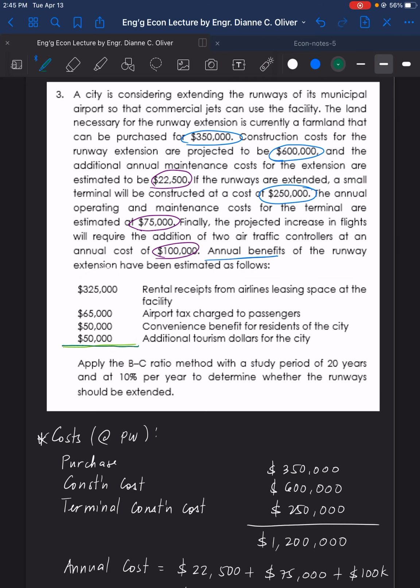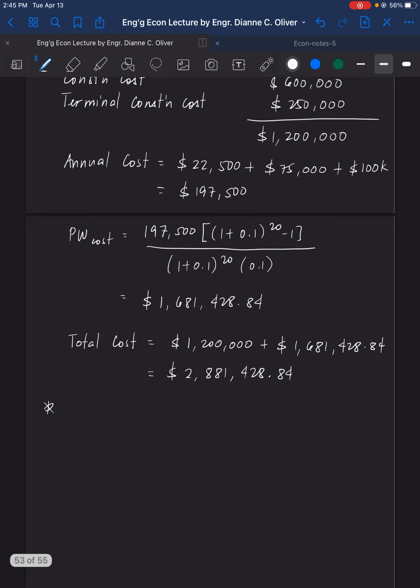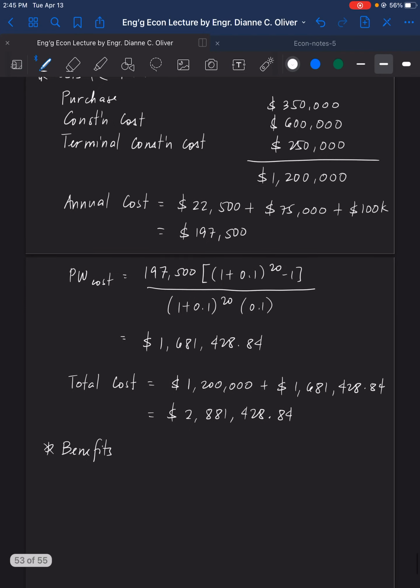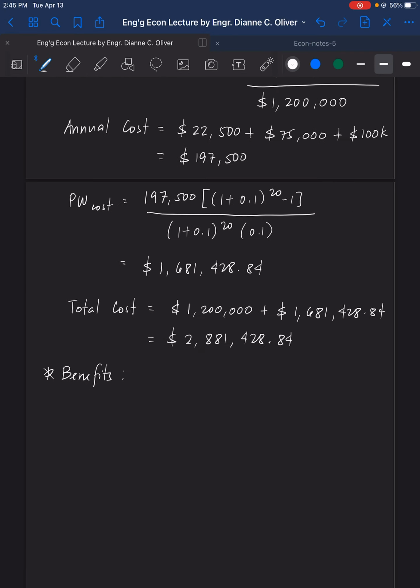Let's use a darker color here. So this is a total of, okay, so let's write it. I think it's better if we write this in the solution. Benefit.